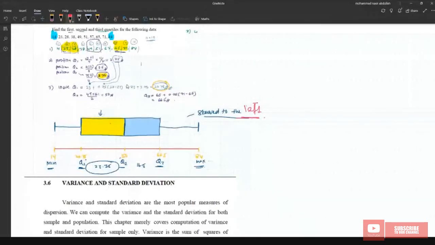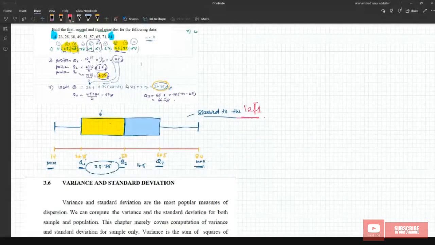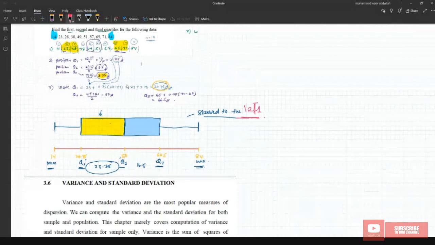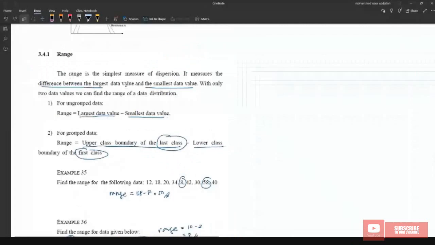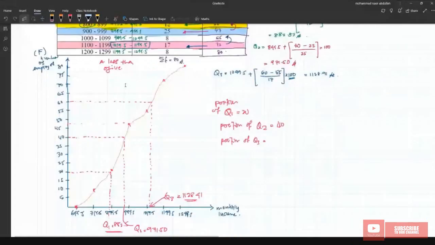Interquartile range is just quartile number 3 minus quartile number 1. Quartile deviation is quartile number 3 minus quartile number 1 divided by 2, right? And then we also looked at how to find quartile 1, quartile 2, and quartile 3 from less than or give, right?